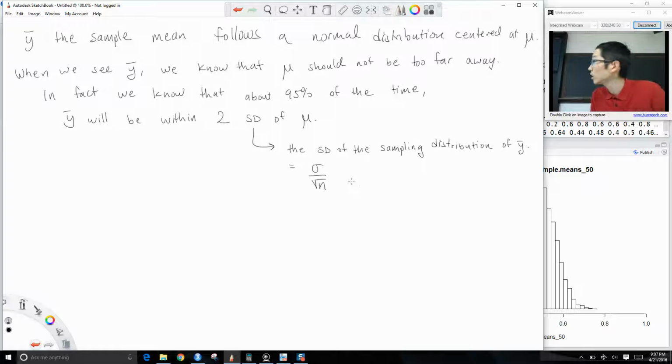Instead of saying the standard deviation of the sampling distribution of y bar, we often give this the name the standard error, or SE. So we know that about 95% of the time, y bar will be within 2 standard errors of mu.